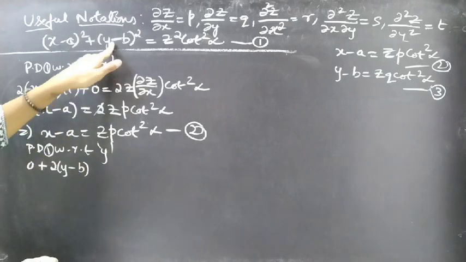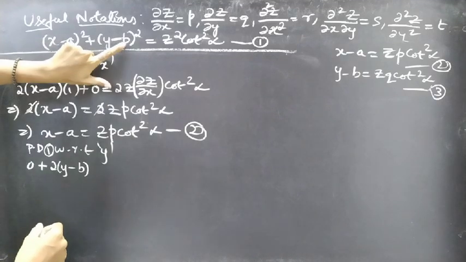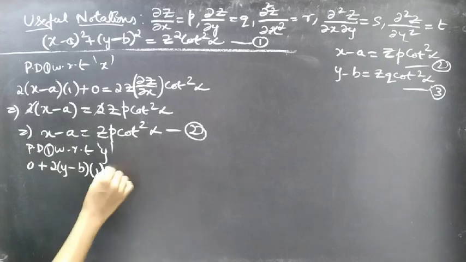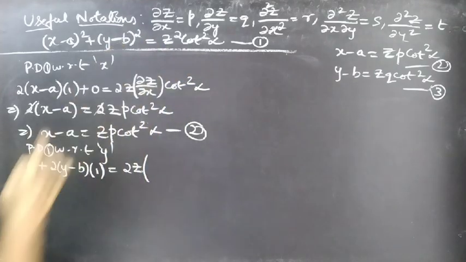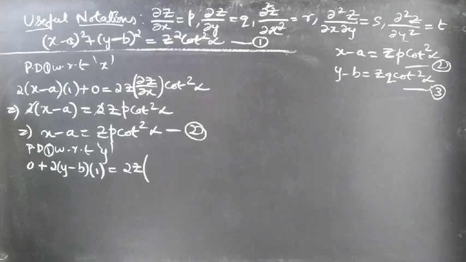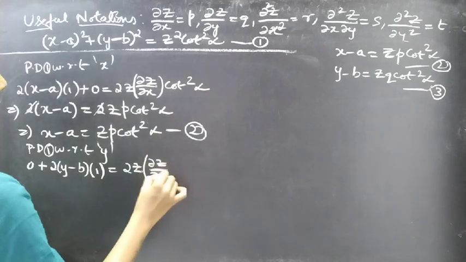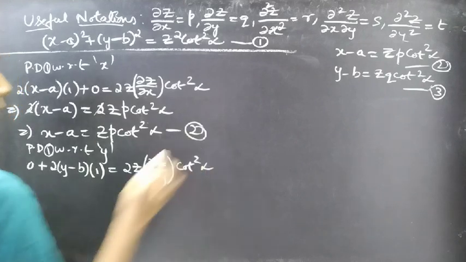Partial derivative of y with respect to y is 1, minus partial derivative of a constant with respect to y is 0. So you'll get 1 minus 0, which is 1, okay, equal to 2z into partial derivative of z square with respect to y. So I'll get 2z into inner derivative dou z by dou y into the constant cot square alpha, right?